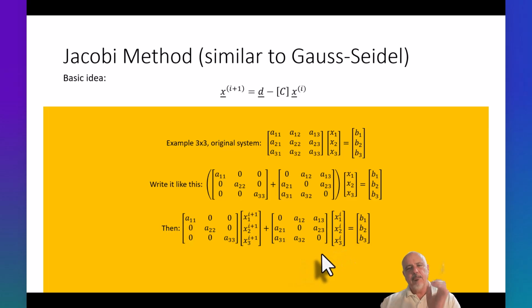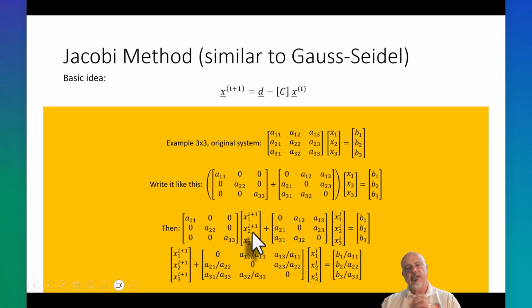But if my x's are kind of close, and I split them up here, what I can do is take this equation and divide through by the A11, A22, A33 on a per row basis. And that's how we get the C matrix there times the current x iterate.